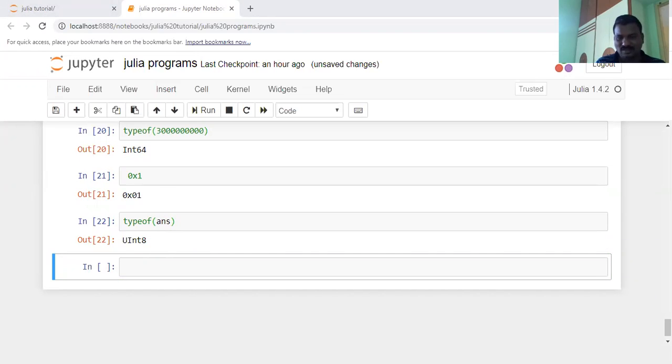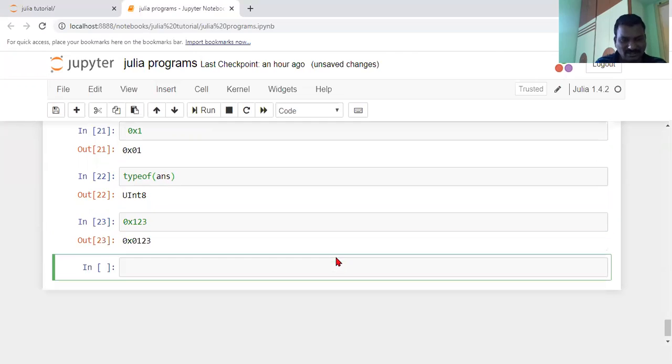What is the value for 0x128? After executing this one, these are all unsigned integer values. Previously the type of the answer is 8 bits. In this case it is 16 bits, that means 0x128 unsigned integer.